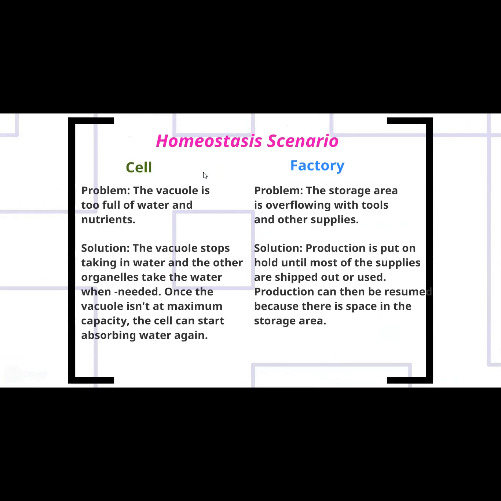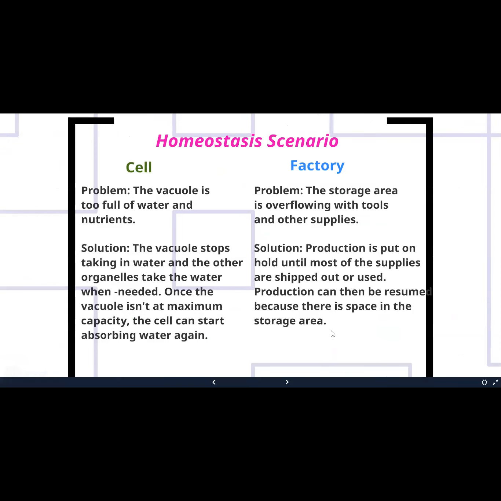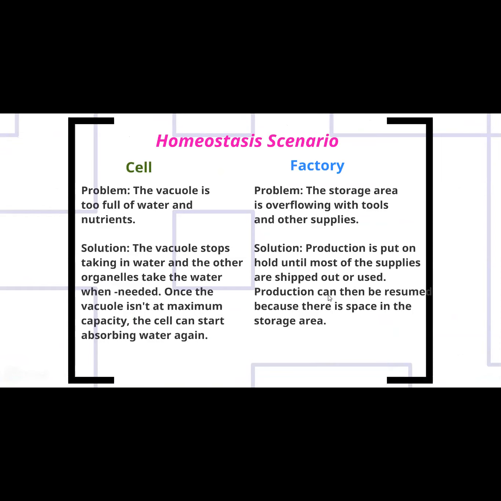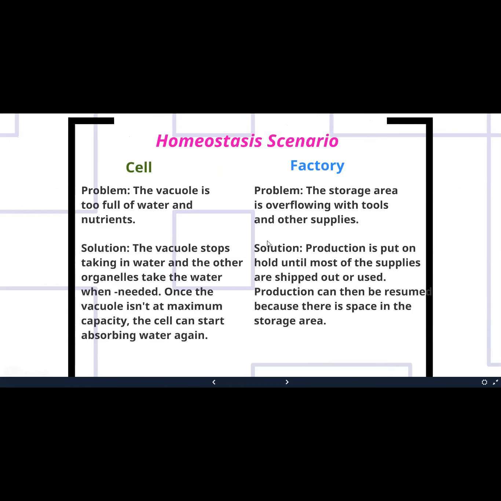And this scenario, which they call the homeostasis scenario: the cell's vacuole is too full of water and nutrients, so that's a problem in the cell. In the factory, the storage area is overflowing with tools and other supplies. So what's the solution in both of them?